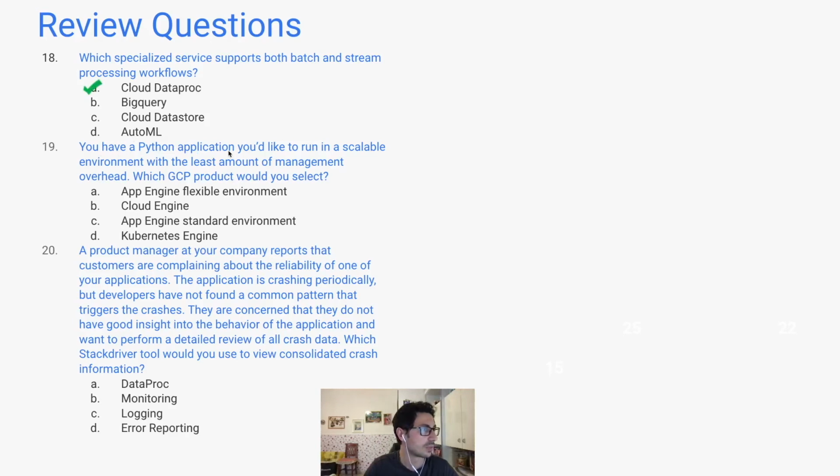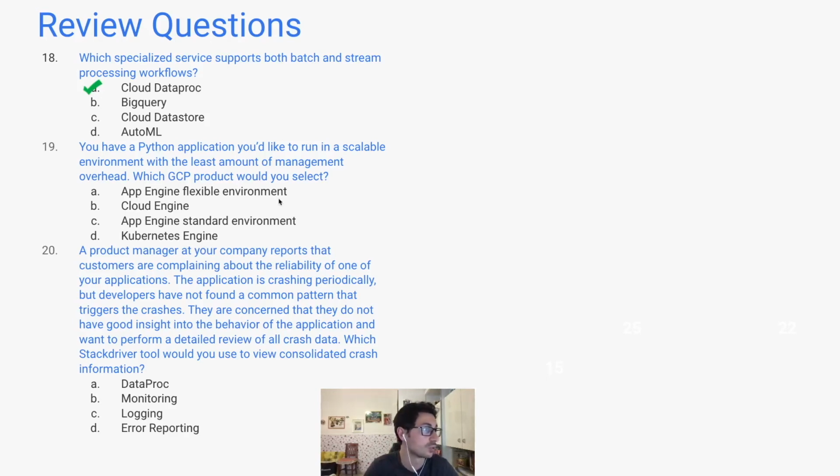You have a Python application you'd like to run in a scalable environment with the least amount of management overhead. Which GCP product would you select? So, I don't know what Cloud Engine is. It's not Kubernetes Engine because with Kubernetes Engine you still need to have some configuration, let's say some management.